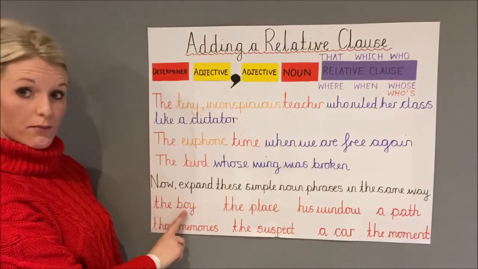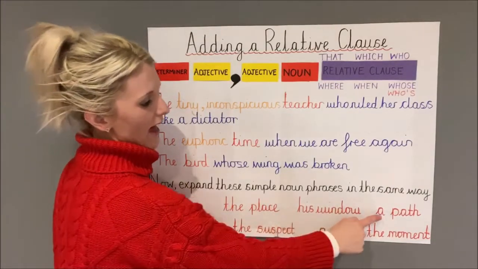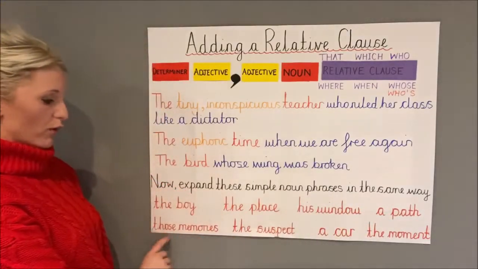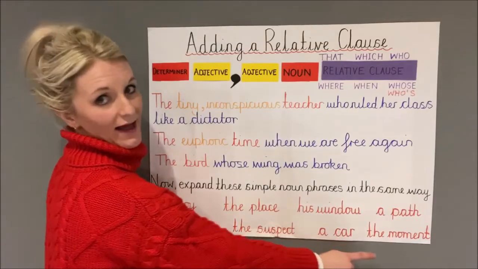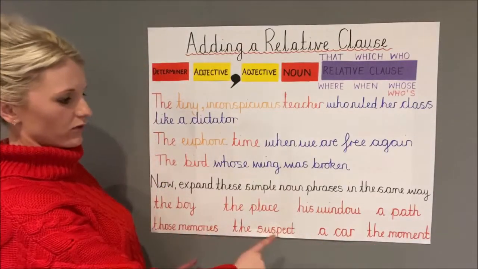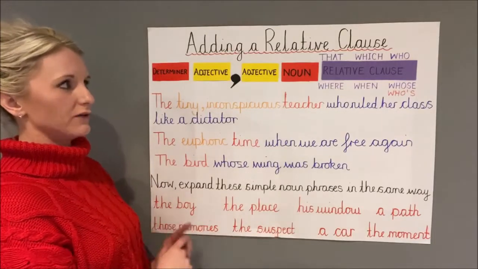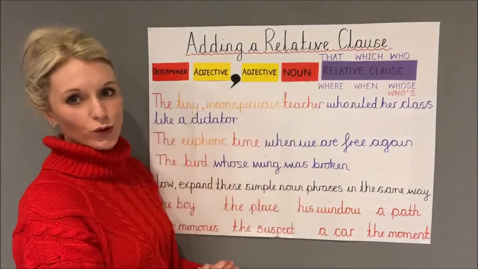So we've got the boy, the place, his window, a path, those memories, the suspect, a car, and the moment. Okay, so if you pause the video there so that you can see the words, try turning each of those into an expanded noun phrase using a relative clause.